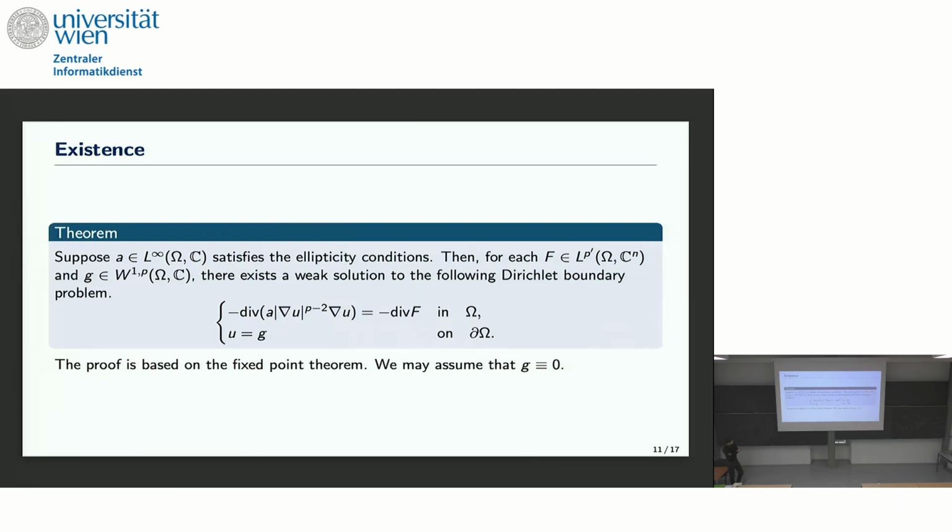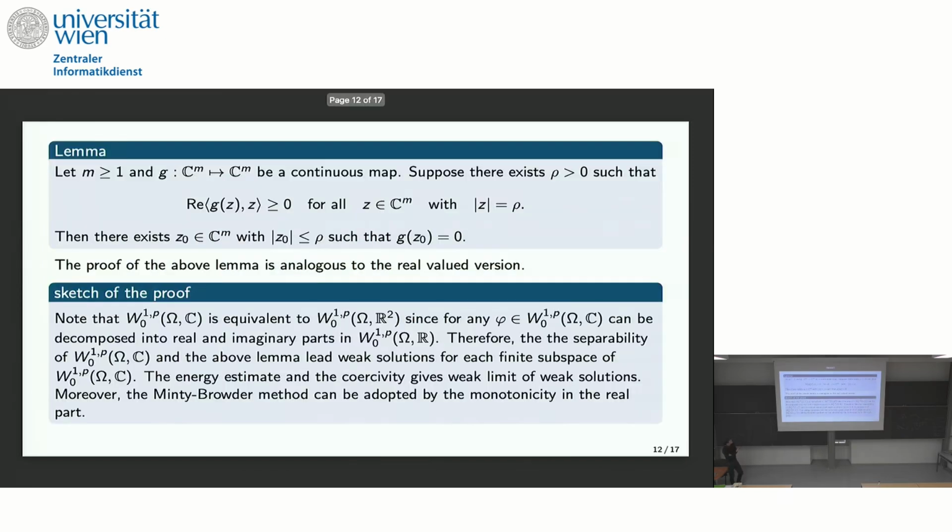If we adopt the monotone operator theory, then based on the fixed point theorem, this can also be proved. This is the lemma used for the monotone operator theory for the real valued case, but originally this is R^m to R^m.